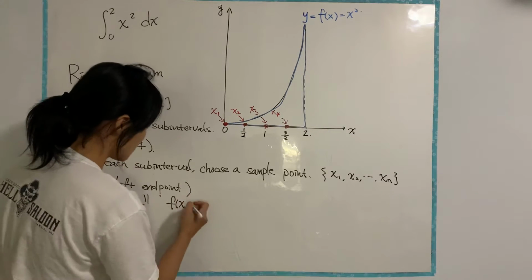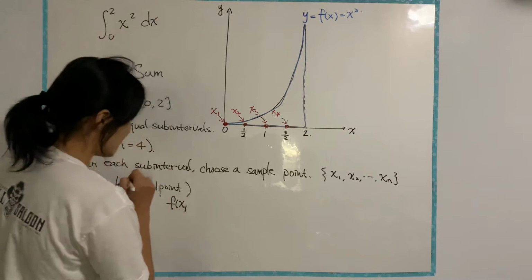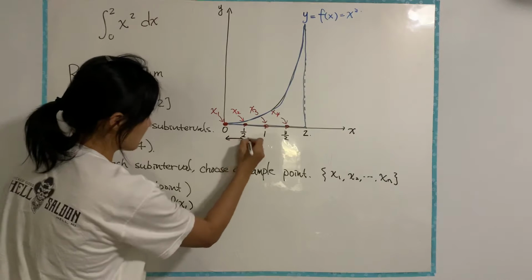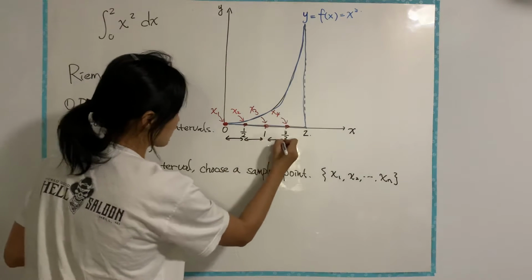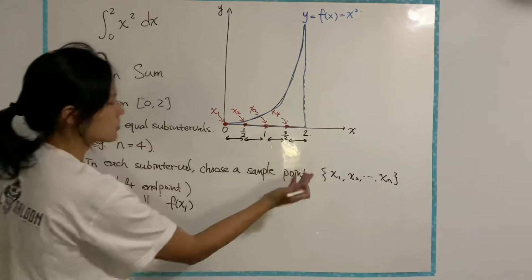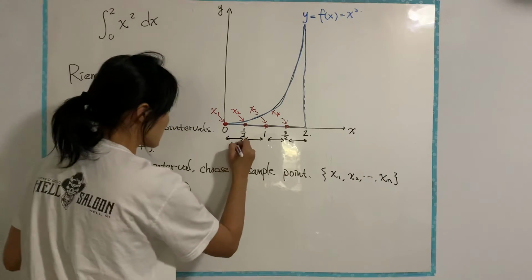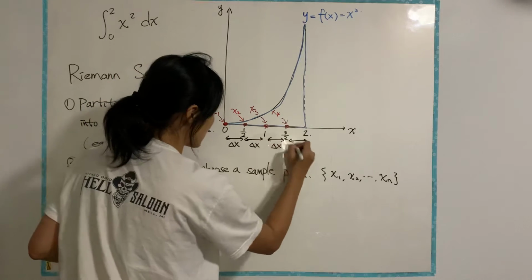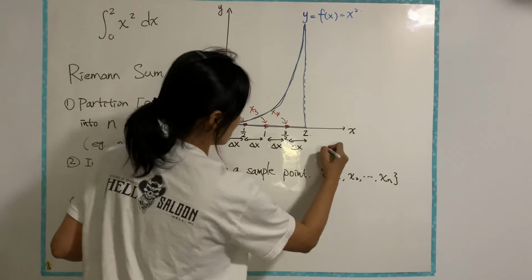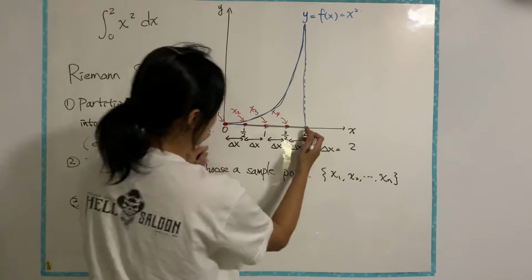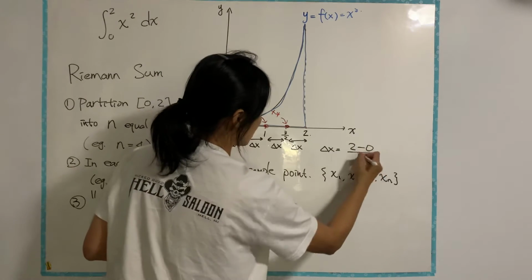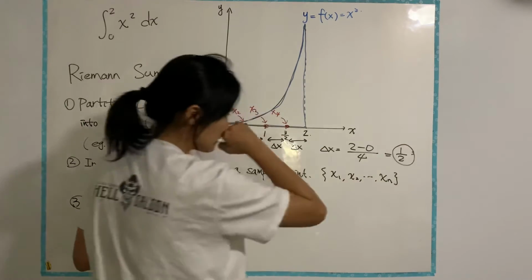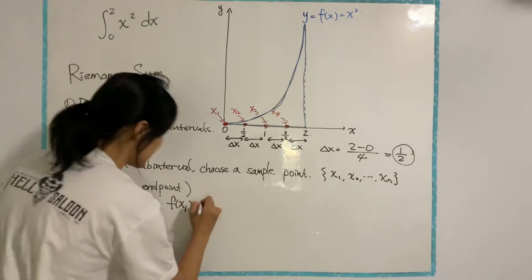Okay, so I'm going to compute f of x1 times the length of the subinterval. Because we're cutting this into equal pieces, let's just call this delta x. So the length of each subinterval is the same. Here delta x is dividing 2 minus 0 into 4 pieces, so each subinterval has length a half.